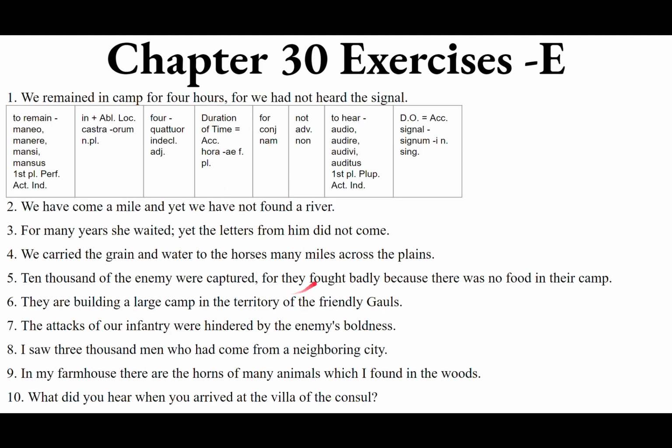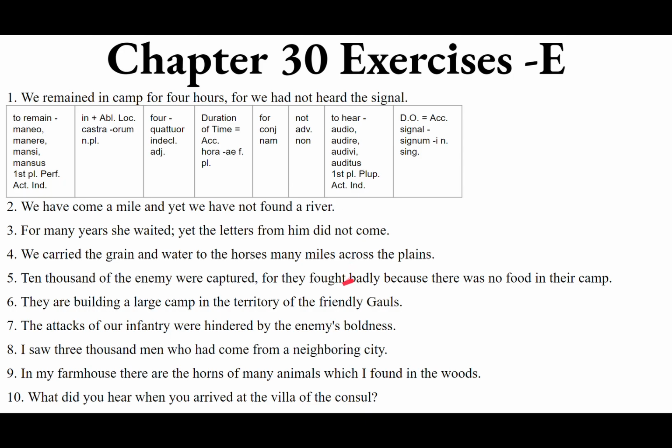So nam, they fought, from pugno, pugnare, pugnavi, pugnatus, third person plural, perfect active indicative, pugnaverunt, they fought badly. Badly being an adverb describes how they fought, describes the verb. So we want the adverb form of malus, mala, malum, and that is male. They fought male. Nam male pugnaverunt.